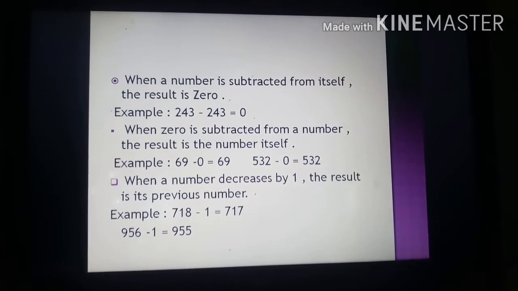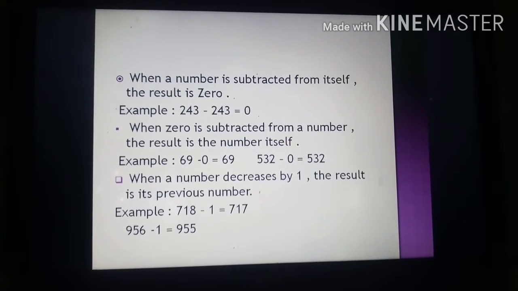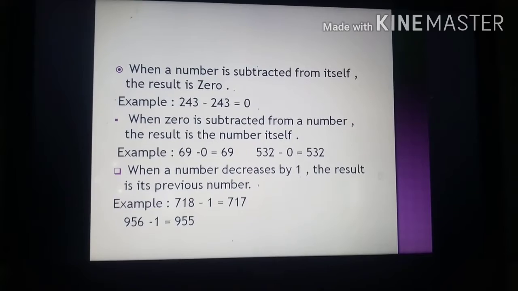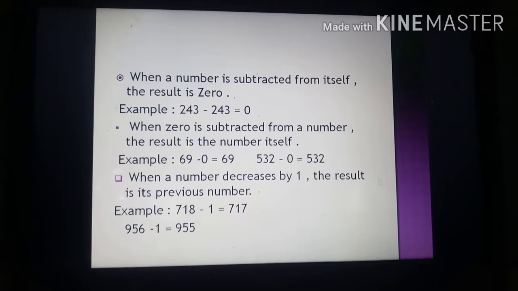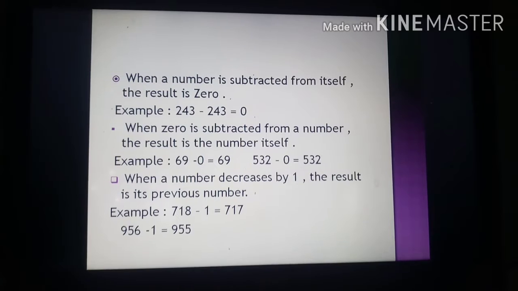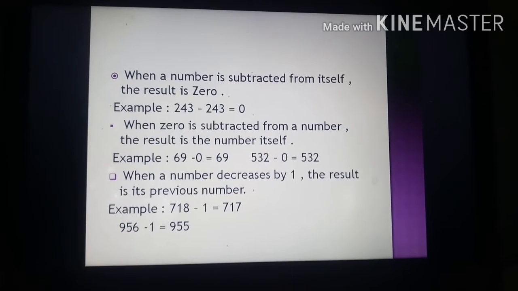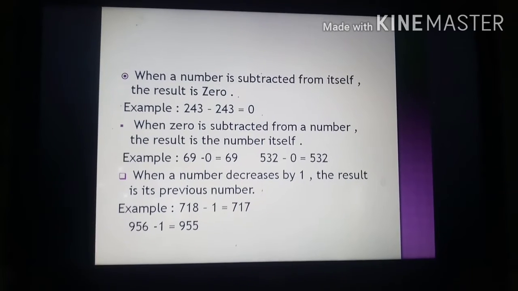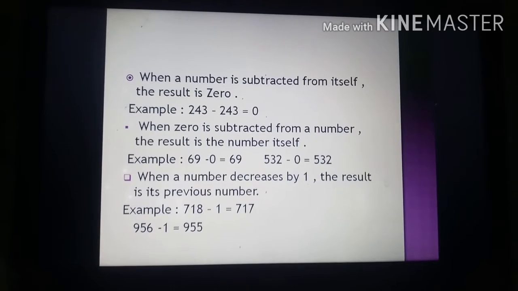And the second rule says when 0 is subtracted from a number, the answer is the number itself. Let's have a practical example. For example, you are having 15 books in your bag and you had not given any book to anyone, or you had given 0 books to anyone.